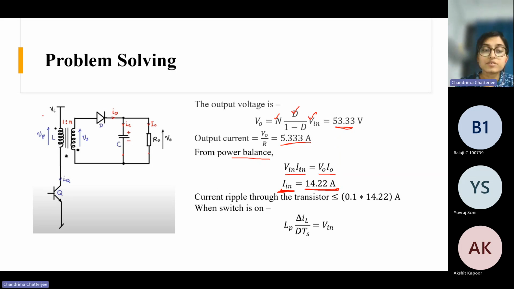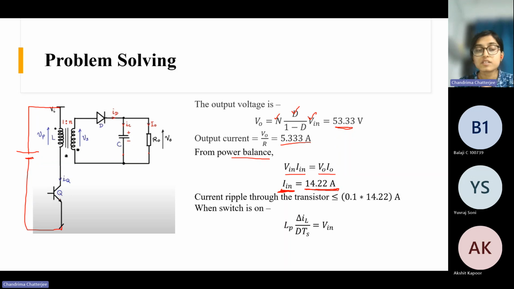And now if you see, when the switch is on and this inductor gets energized, the question is what will be the equivalent inductor value seen from the primary side? So there is some magnetizing inductance here and it gets energized, right?